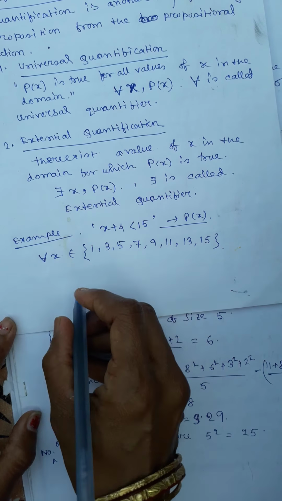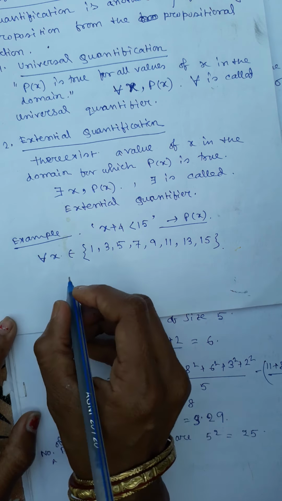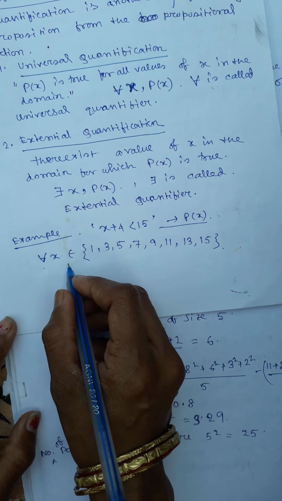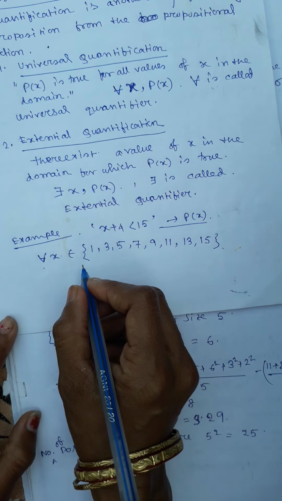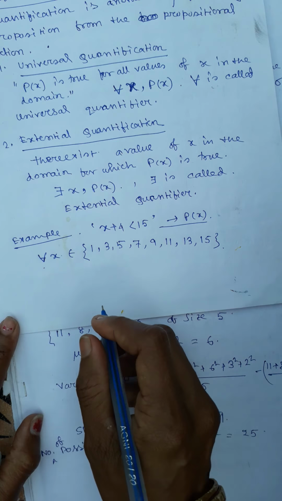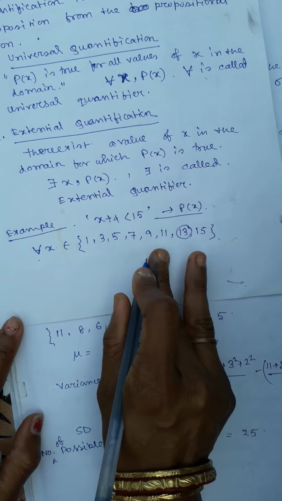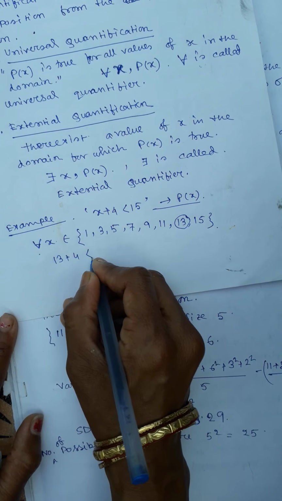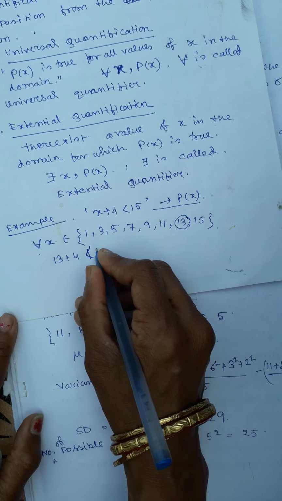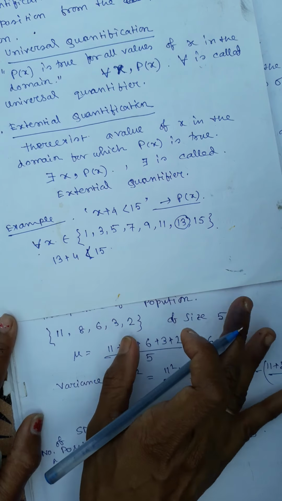Here the domain of the set is this. Obviously the proposition for all x P(x) is false, because the value 13 in the domain does not satisfy the relation, since 13 plus 4 is not less than 15. That means this is false.